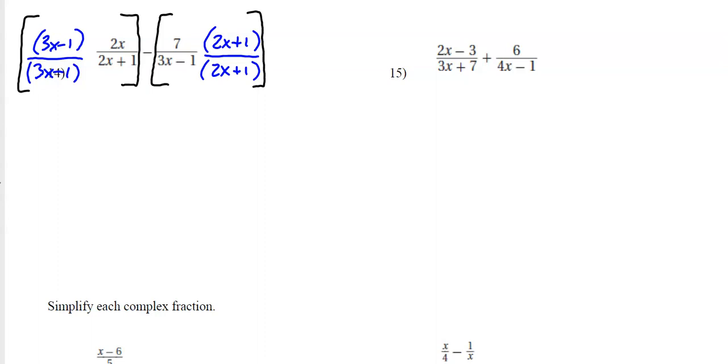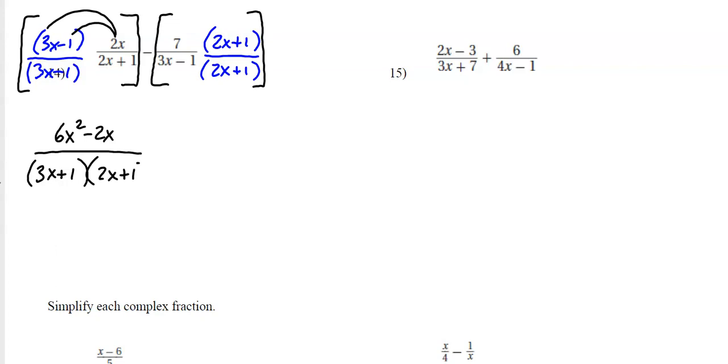So over here on the right, on top, I have a 6x squared minus 2x over, on bottom, I'm just going to leave it like this. And then I have a big fat takeaway. That's kind of code red, like, hey, I'm going to have to distribute something.